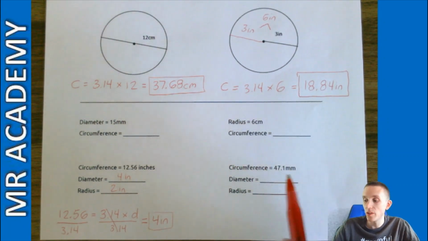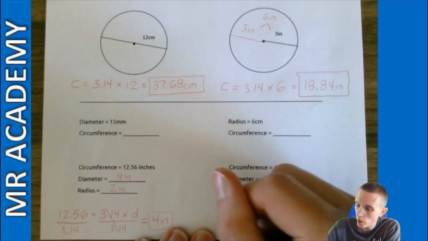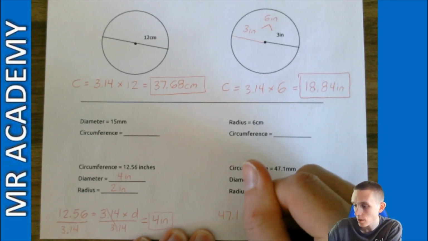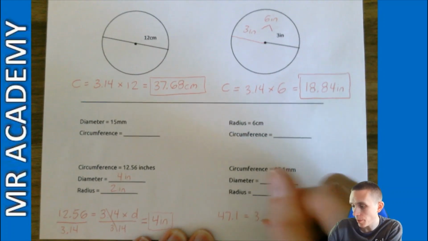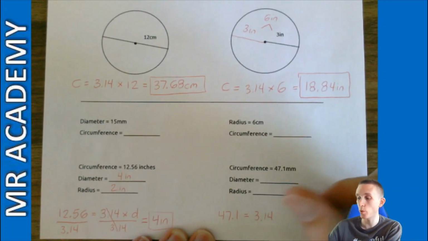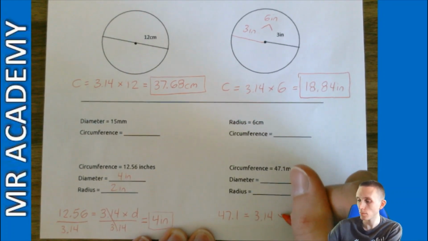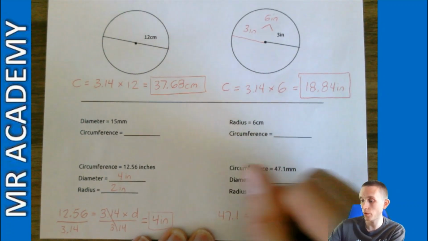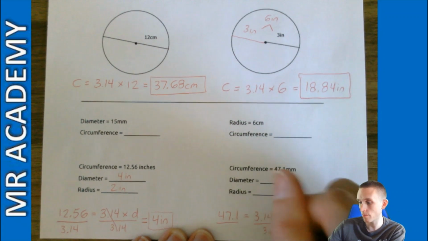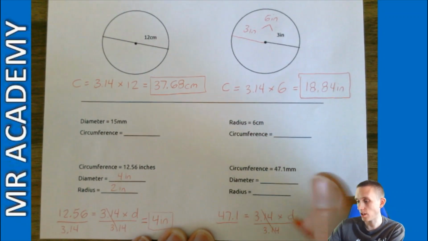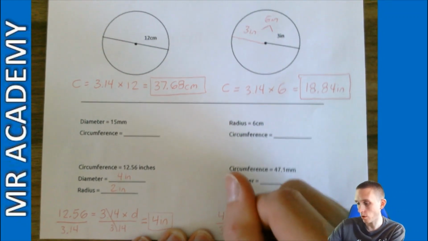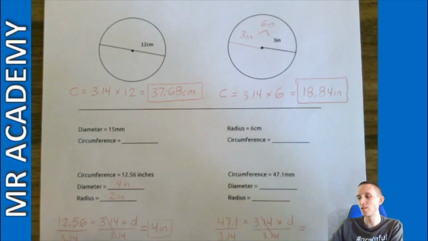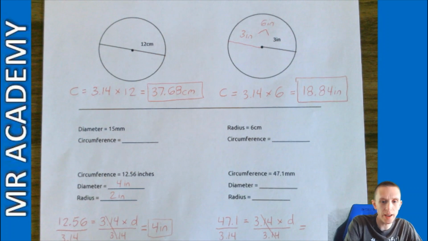Okay, we would do the same deal over here. 47.1 millimeters. We know that is the circumference. They tell us that. We still know that pi is pi. It's still 3.14 no matter what. And we're trying to figure out what the diameter is. I divide both sides by 3.14. Gets rid of that 3.14. And this one I could possibly do in my head, but I don't feel like it.